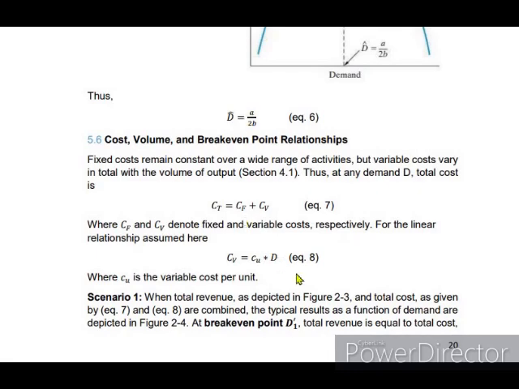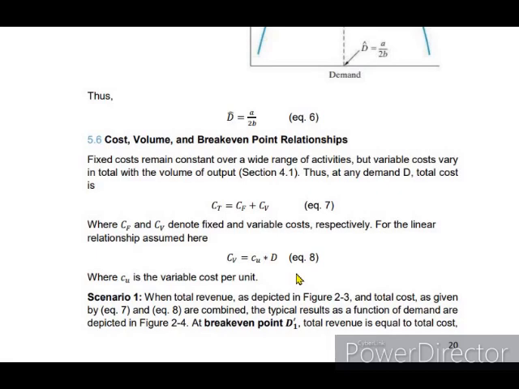Next is 5.6, cost, volume, and break-even point relationships. So fixed costs remain constant over a wide range of activities, but variable costs vary. That's why they are called fixed and variable costs. In total, with the volume of output.